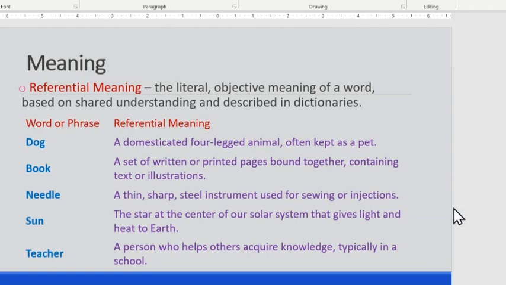And sun: the star at the center of our solar system that gives light and heat to us. Teacher: a person who helps others acquire knowledge, typically in a school. Okay, you can see those definitions represent the meaning of the word literally.